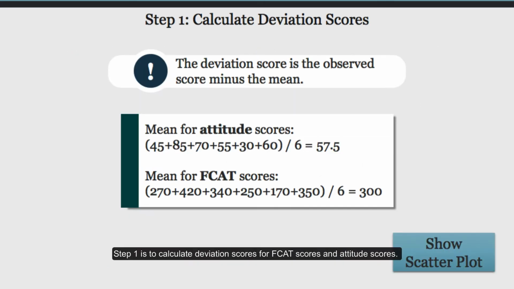Step 1 is to calculate deviation scores for FCAT scores and attitude scores. Recall that the deviation score is the observed score minus the mean, and the mean is the average score for the 6 students in our demonstration data. Take a moment to review the mean calculations for student attitude scores and the FCAT scores. In the scatter plot, we can draw 2 lines to represent the means for both score data.